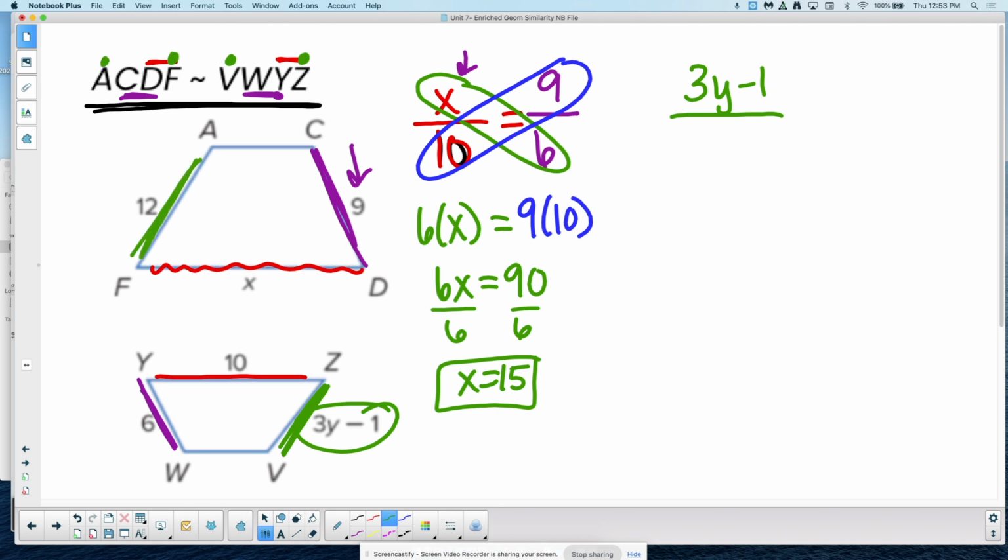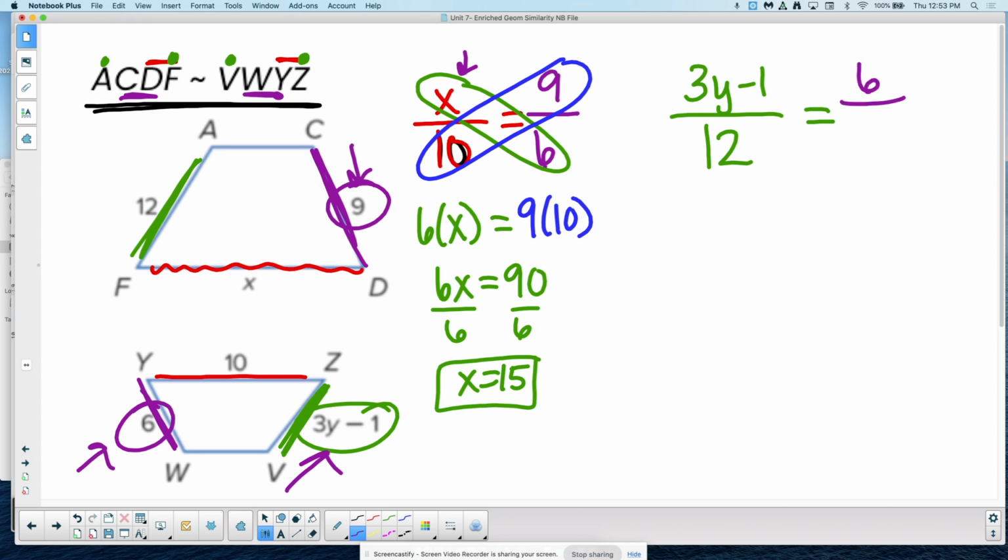So I'm going to put that over 12 and set that equal to, now I always like to use the sides that we were given, like the freebies, which was 9 and 6. We didn't do any calculating, that's like your free stuff. But now you got to be careful, since I started with 3y minus 1, I have to start with 6 on top. You got to keep it the same.